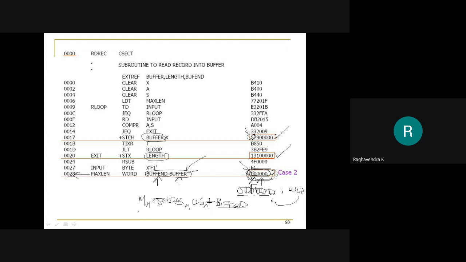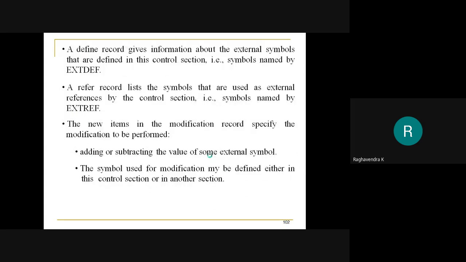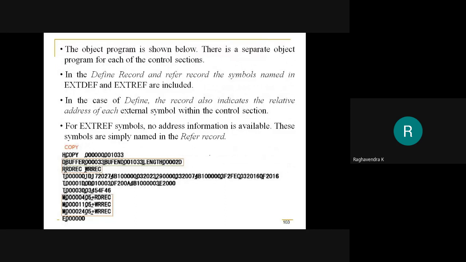Now to that same location, 000028, for the same half bytes, I have to subtract from it the value of buffer. So this expression has actually generated how many modification records? 2 modification records. Like this, the modification record is going to be generated by our assembler, and it is going to be given to the loader for further processing.